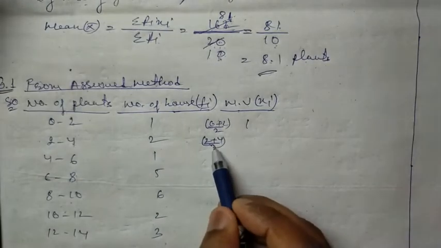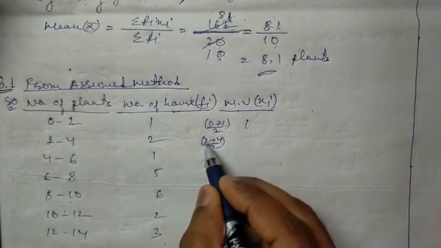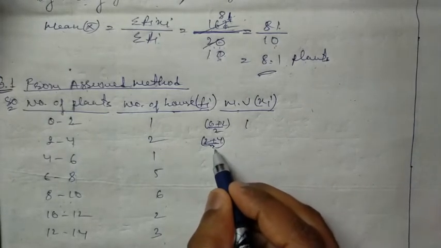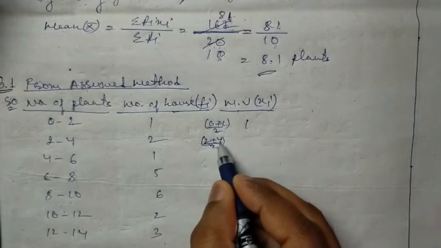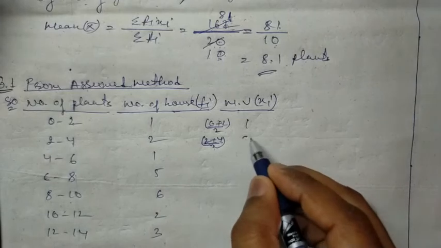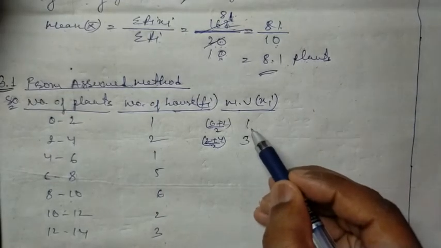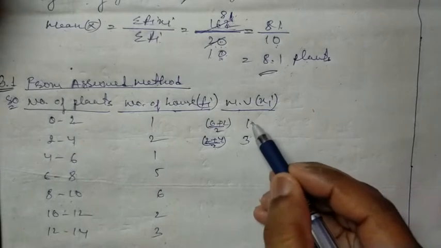When we find the mid value, we always divide by 2. Then 2 plus 4 divided by 2: 2 plus 4 is 6, divided by 2 is 3.